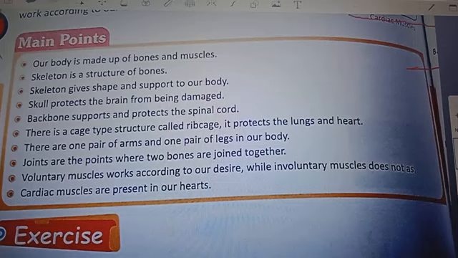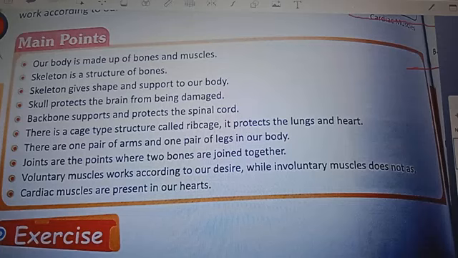At the last we discussed muscles. Voluntary muscles work according to our desire, while involuntary muscles do not. Cardiac muscles are present in our hearts. So that's all in this chapter.